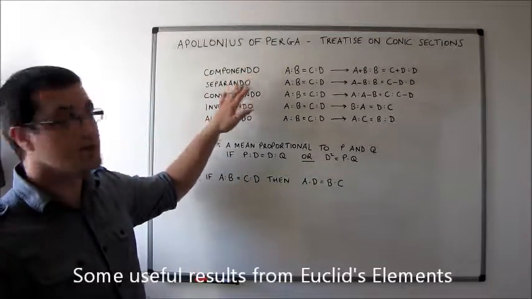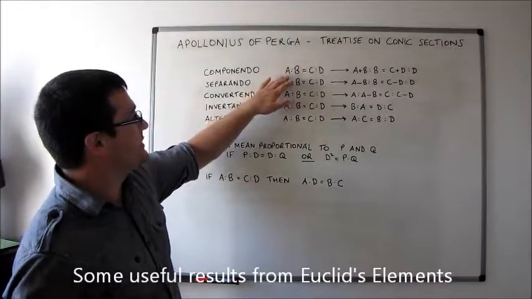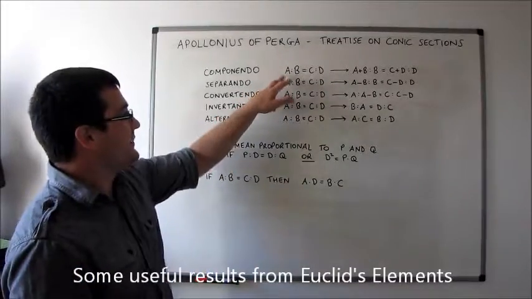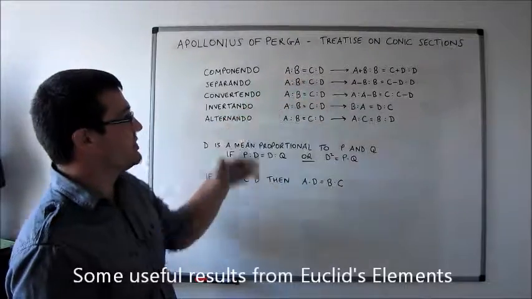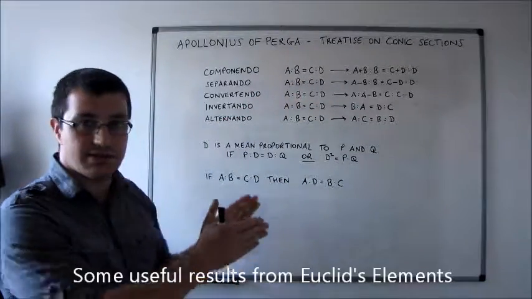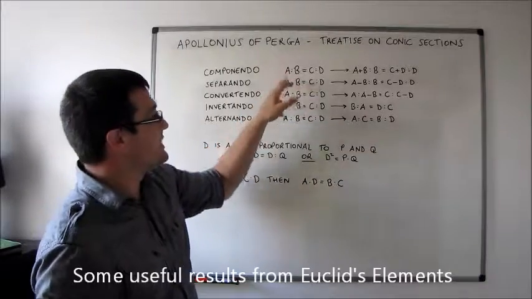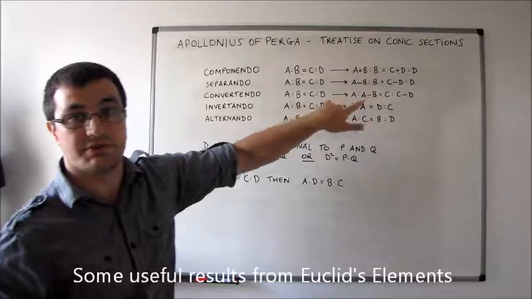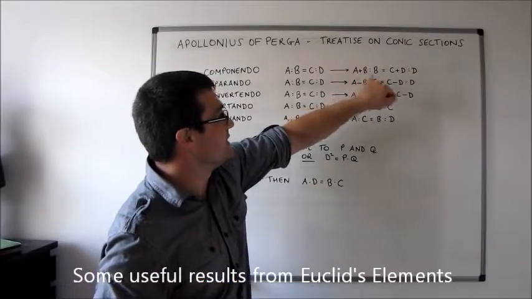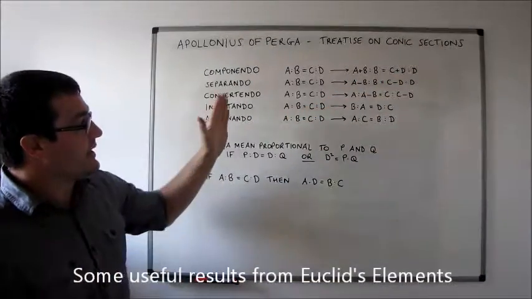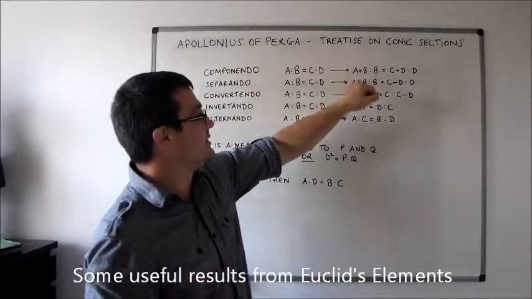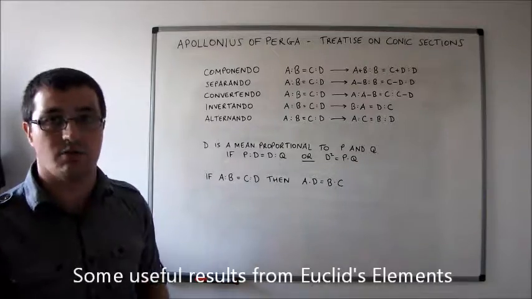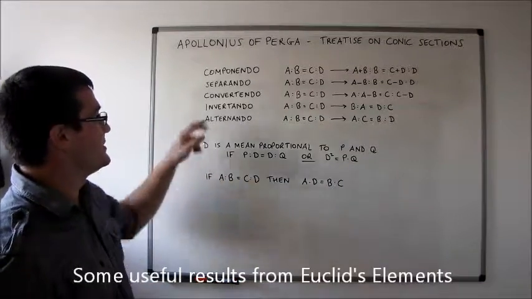If we look at the first one, componendo, if I know that the ratio of A to B is equal to the ratio of C to D, then in each ratio I can add the antecedent to the consequent and replace the old antecedents with the new sums. So in this case A plus B, in this case C plus D, and I'll get some new ratios, but I can say that they're equal at least, so I can maintain that equality between the ratios in this way.